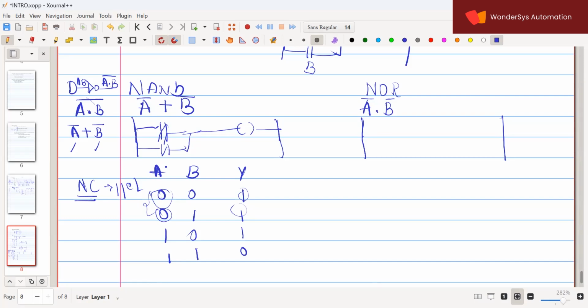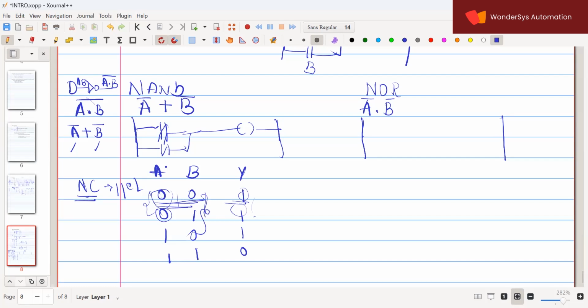So see, whenever we have a low condition and you are getting a high output, then you have to use the NC switch. Now, to use them in parallel or series connection, you have to check whether for any one of the low conditions the output is getting high, or only for one particular condition the output is getting high.